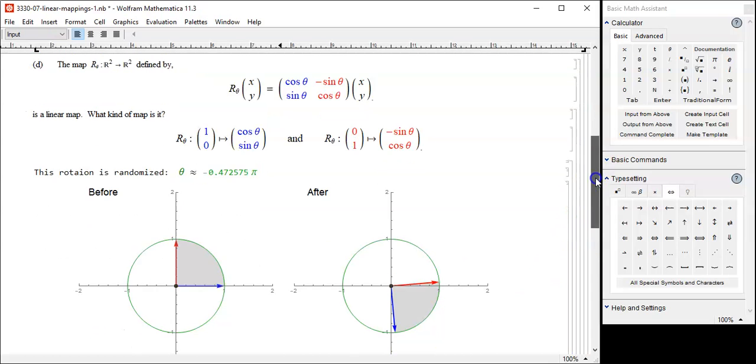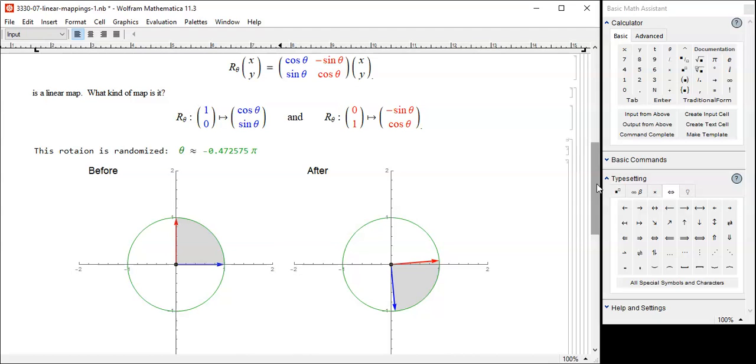What is this? As you can see, it's a rotation. Here, this program is randomized, and theta is negative 0.47 pi, so nearly negative half pi, so negative 90 degrees, so nearly 90 degrees clockwise. So blue is, okay, the cosine of theta, sine of theta, and then started from here, and the negative sine of theta, comma cosine of theta.